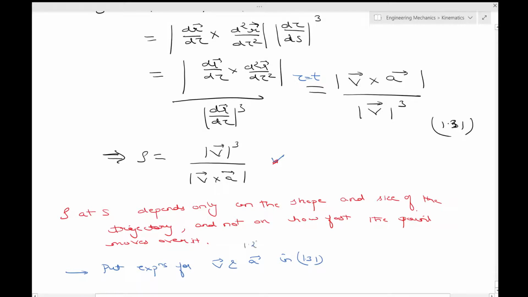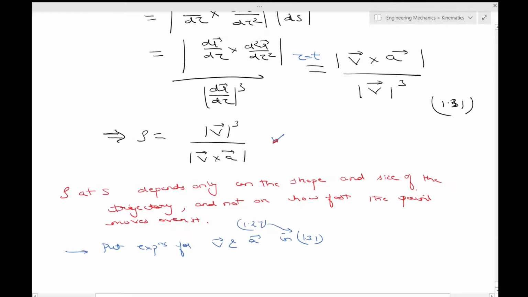So you put 1.27 over here and see that it's an identity independent of S dot and S double dot, and since it is independent of S dot and S double dot, it will be shown to be not depending on how fast this is moving.